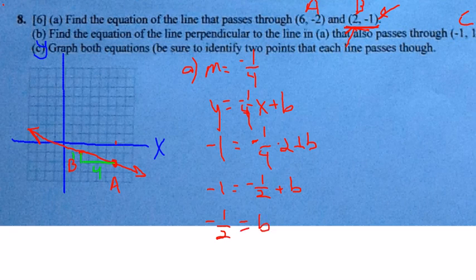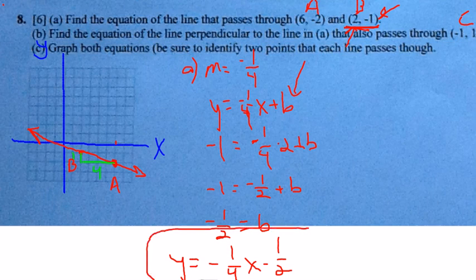So my answer to part A is y equals -1/4 x minus 1/2. You should be able to look and see, does it look like this goes through -1/2 there? Yeah, that looks pretty reasonable. So you always want to check your answer visually.